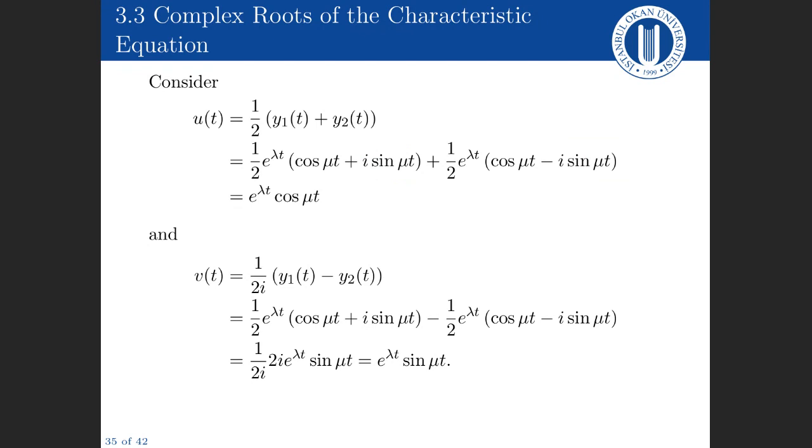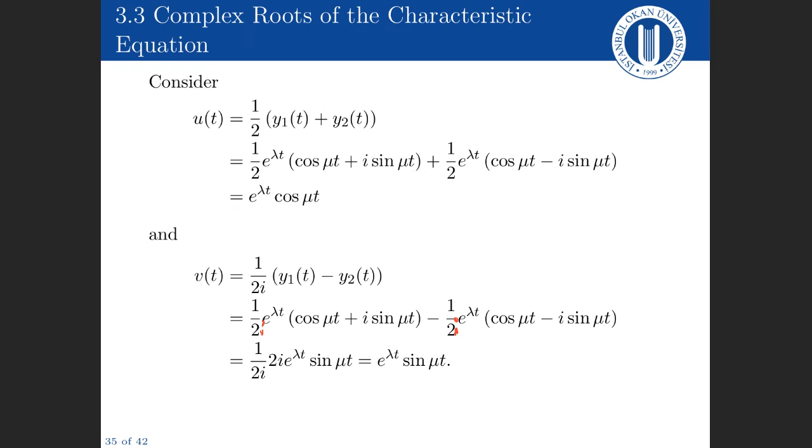For the second function, I think there's a mistake here. Should be an i just here. Again, put y1, y2 in. 1 over 2i, y1, minus 1 over 2i, y2.